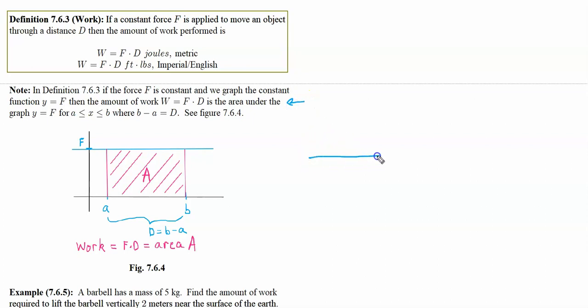Suppose we have an object like a box, and it's sitting on the floor, and say it's located at position A, and we push on this box with a constant force to overcome the friction between the box and the floor. And we push the box until it is at position B. Now let's let X represent the location of the box.